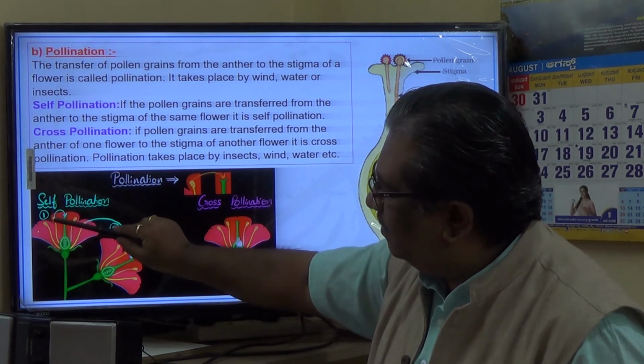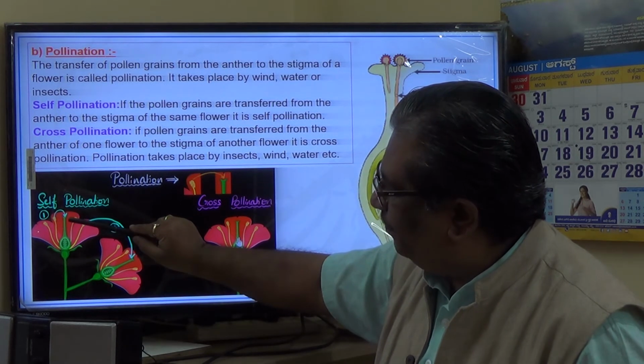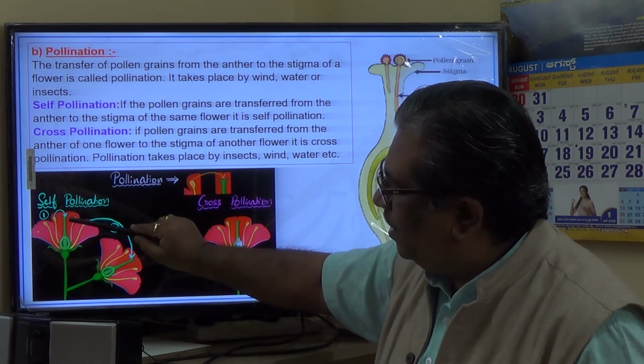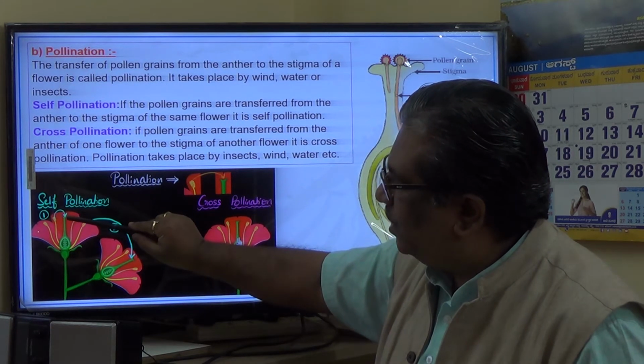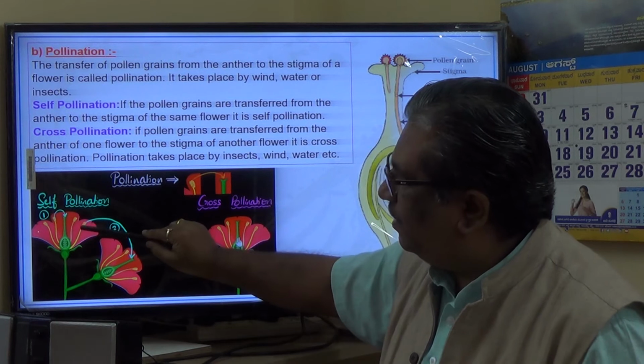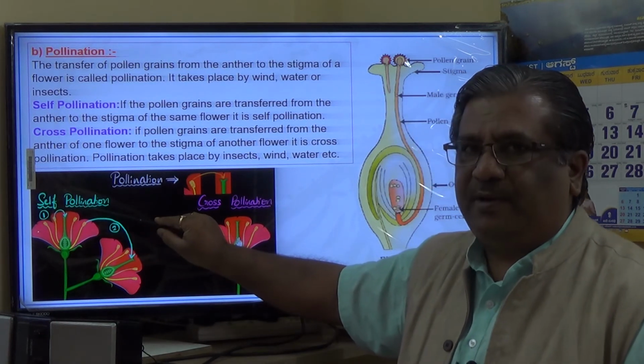This here is the anther and this is the stigma. Transfer of pollen grains from anther to the stigma in the same flower is called self-pollination.